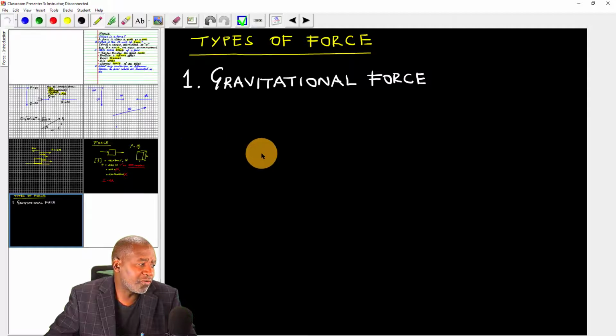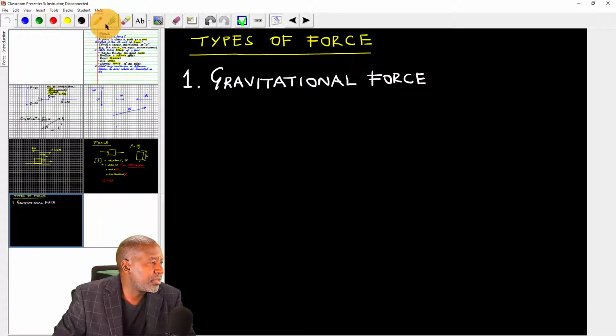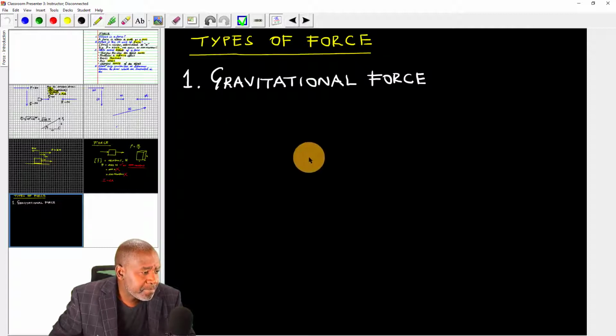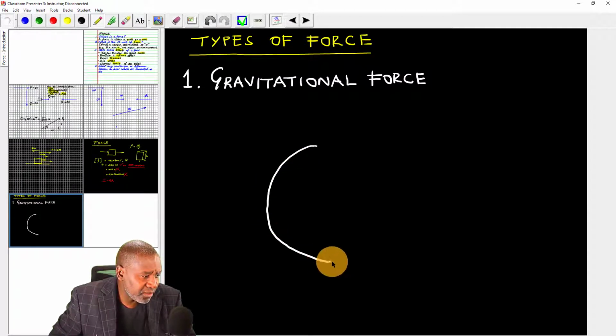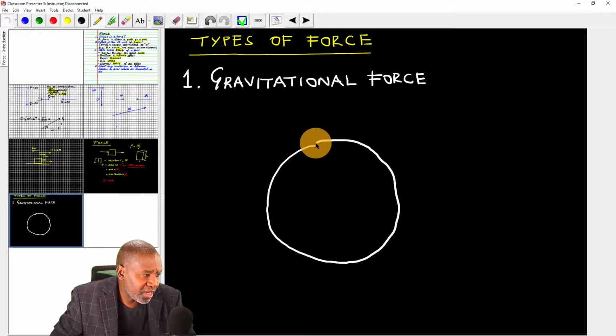And let me try to illustrate that on a diagram so that you can get the idea of actually what we are talking about here. So over here, I have this large sphere. It is the Earth. The Earth has got a center here.